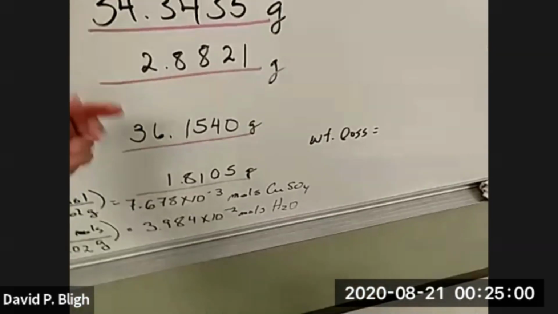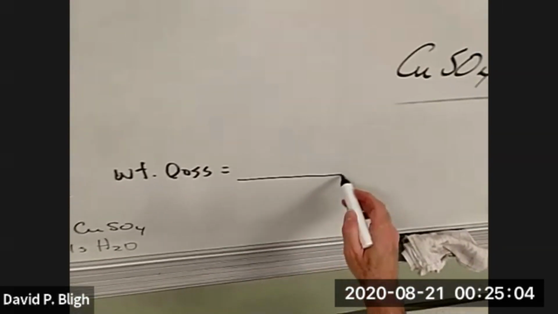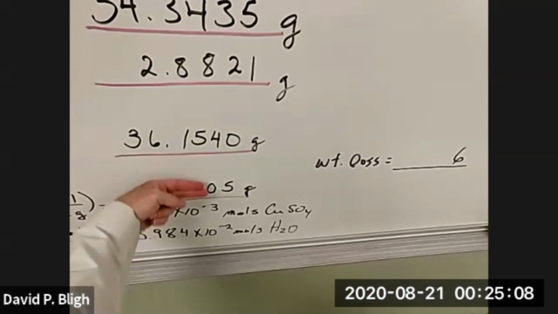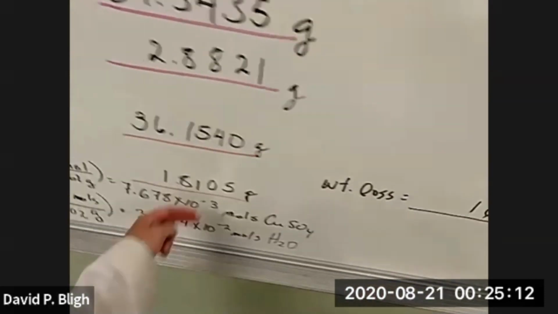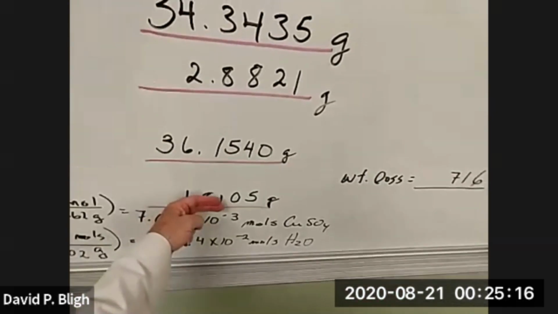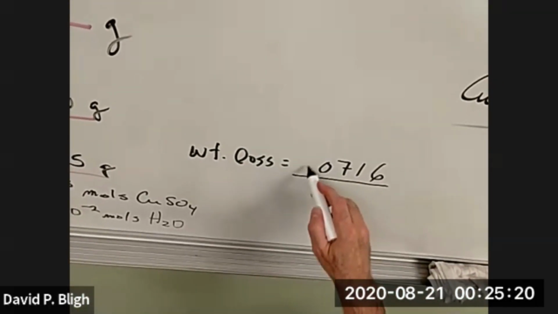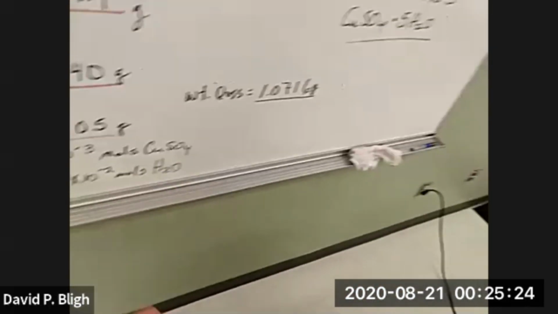Okay, so this one subtracted from that one would be 6. And we had to borrow one, so that's a 1. And then 7. And then 8 from 8 is 0, 1. So weight loss was a little over a gram.